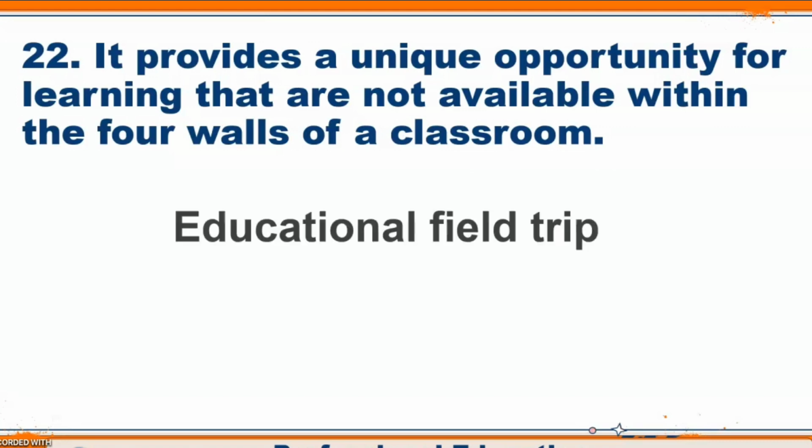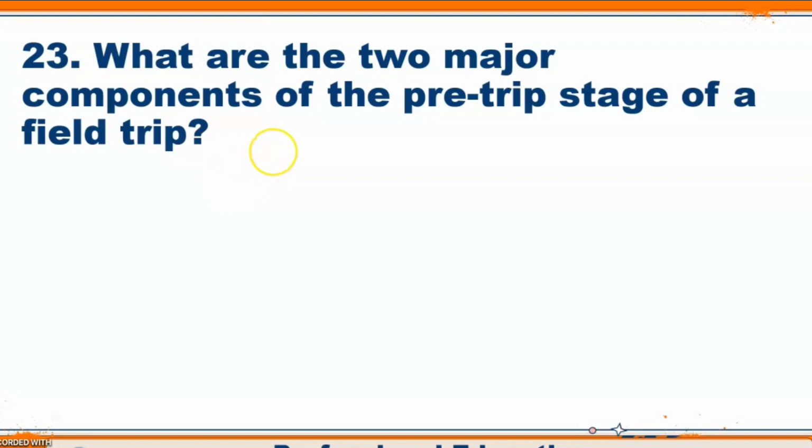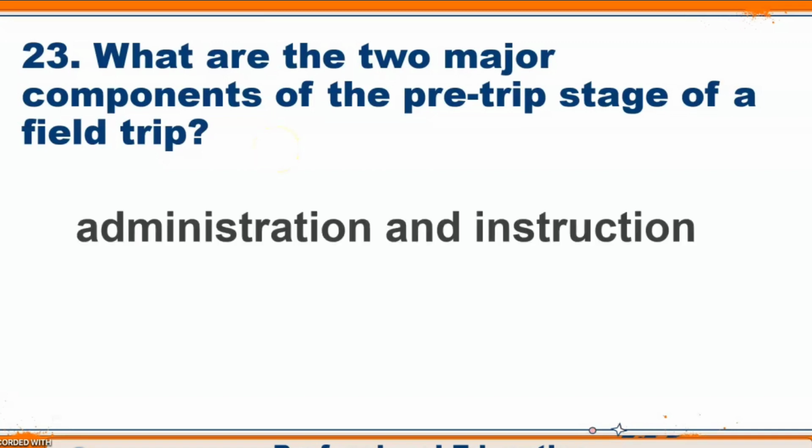A very exciting educational field trip. This provides first-hand observation. Number 23. What are the 2 major components of the pre-trip stage of a field trip? Administration and instruction. These are very critical for preparing participants for the experience.